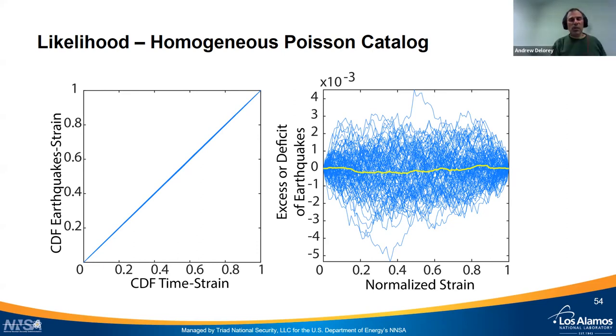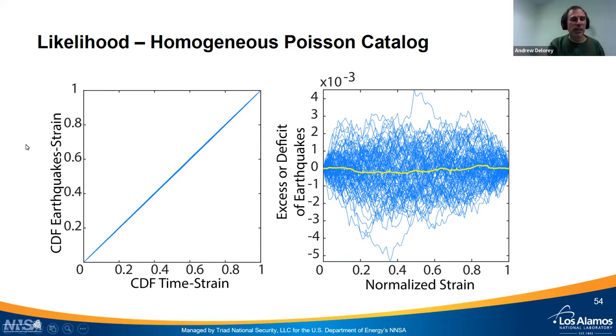So I have one on the horizontal axis here, time versus strain. It's a cumulative distribution function of the amount of time spent at each strain level. So this is normalized between 0 and 1. If you are at 0.5, that means half of the time was at a lower strain level and half the time was at a higher strain level.